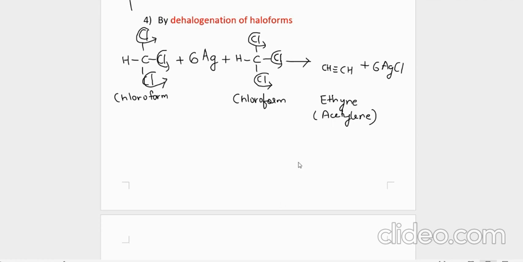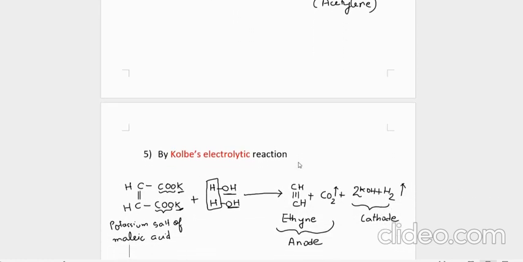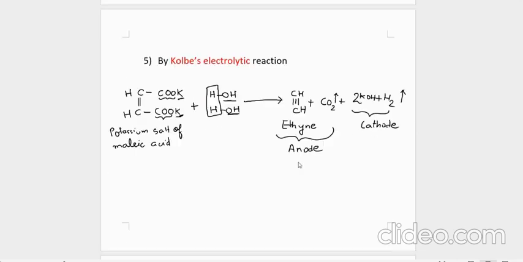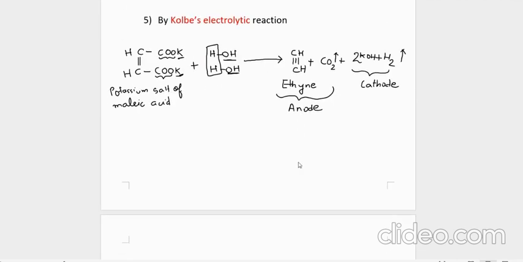Remainder is ethyne. The last reaction is Kolbe's electrolytic reaction. Take potassium salt of maleic acid, react it with two molecules of water. Then you form acetylene and carbon dioxide at anode, and potassium hydroxide and hydrogen gas at cathode. With this, we complete methods of preparation of alkynes.